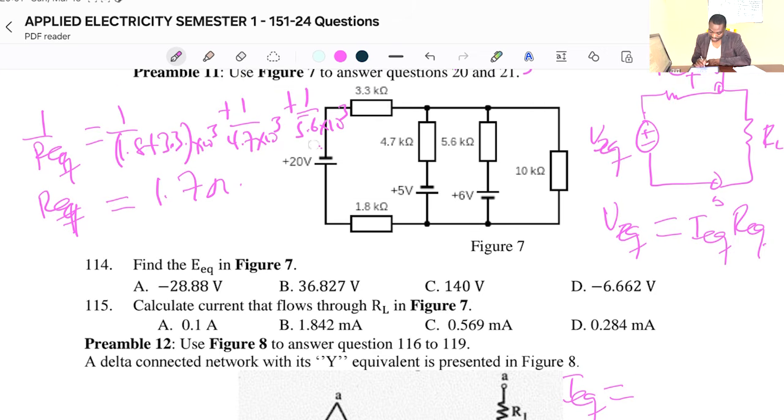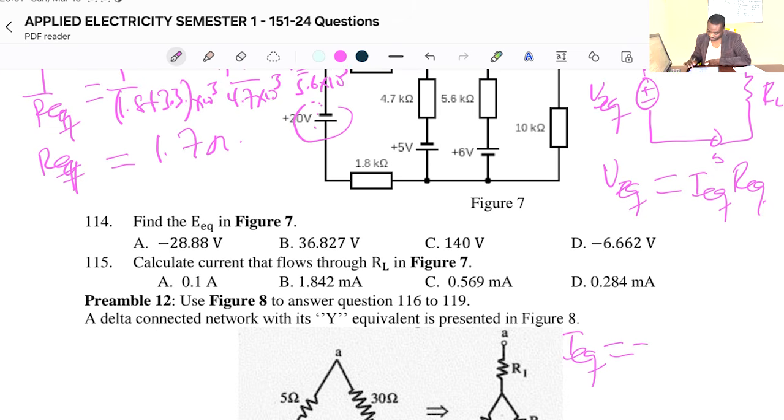You can see here the terminal is minus to positive, so that will be negative. So that will give us negative 1 times the voltage, 20, over 1.8 plus 3.3 times 10 to the power 3.